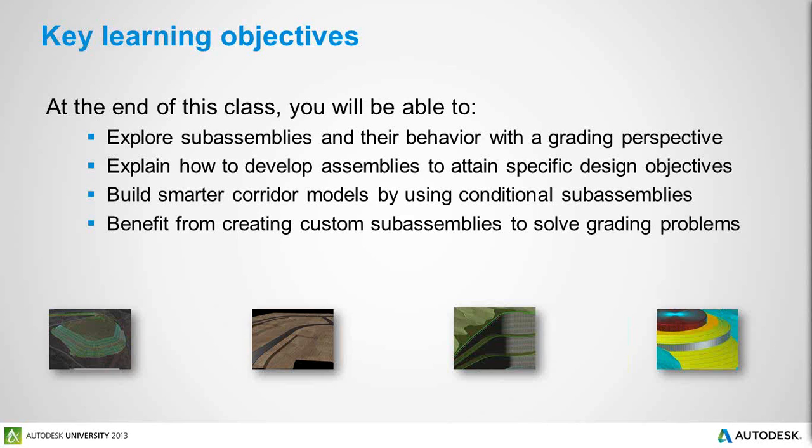We'll also look at using conditional subassemblies to help you build slightly smarter corridors, and I've got a couple examples of that. And then last one, we'll look at some of the benefits of using custom subassemblies to solve, in this case, some real basic grading problems, and we'll take a look at those in the final section.